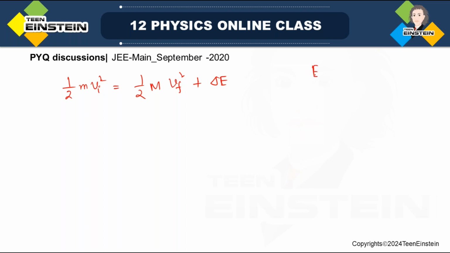You know, hydrogen has energy minus 13.6.